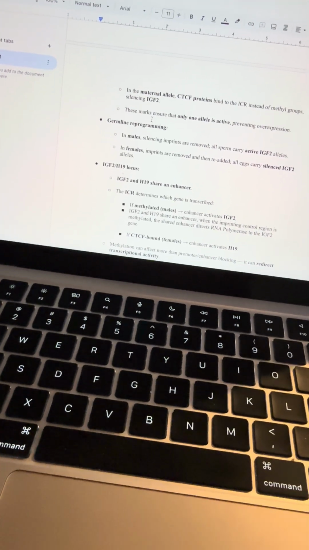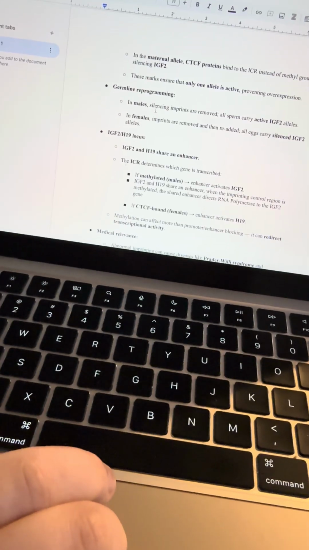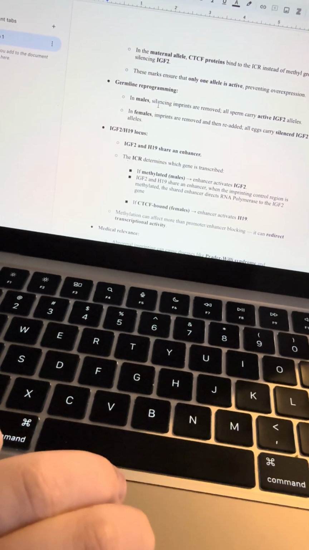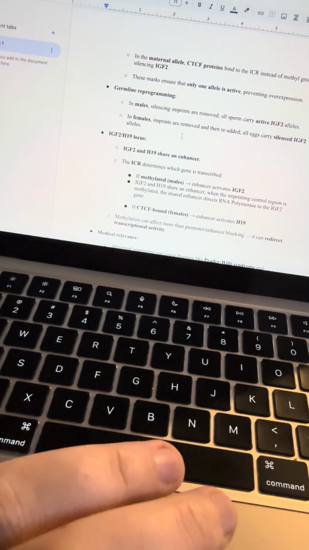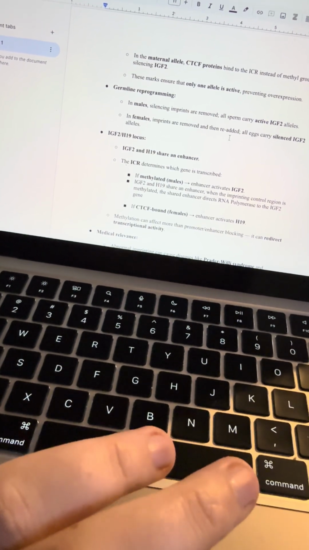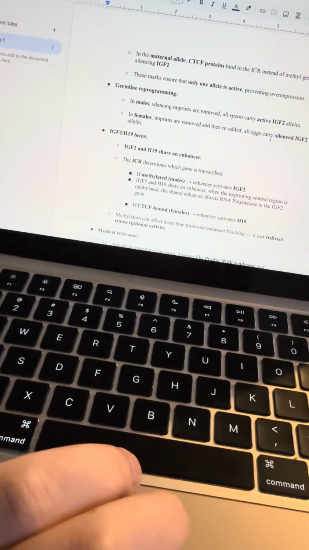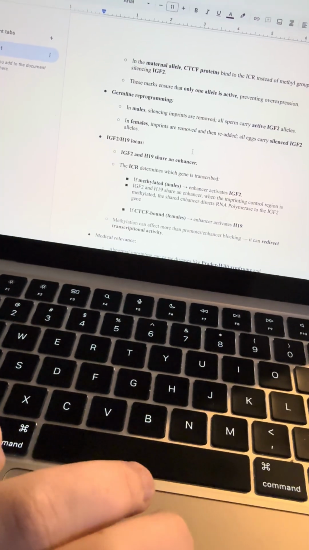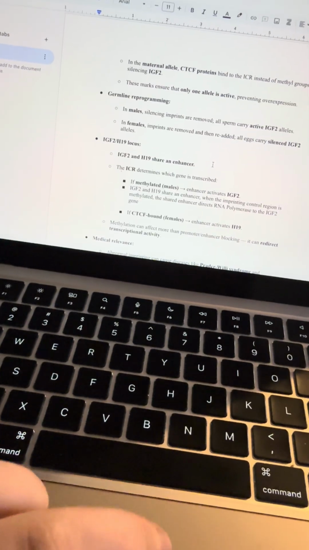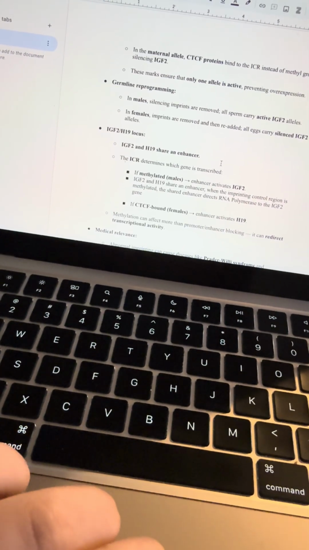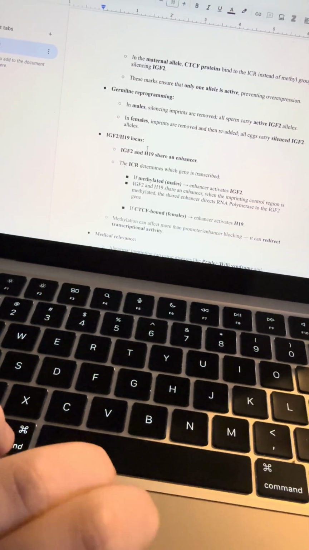These marks ensure that only one allele is active, preventing overexpression. Germline reprogramming. In males, silencing imprints are removed. All sperm carry active IGF2 alleles. In females, imprints are removed and then re-added. All eggs carry silenced IGF2 alleles.